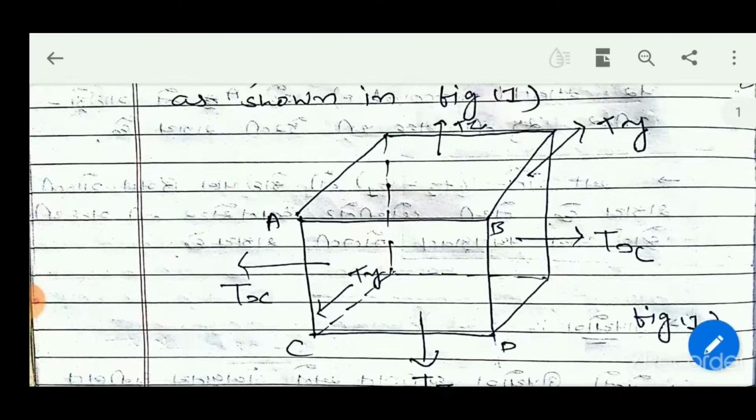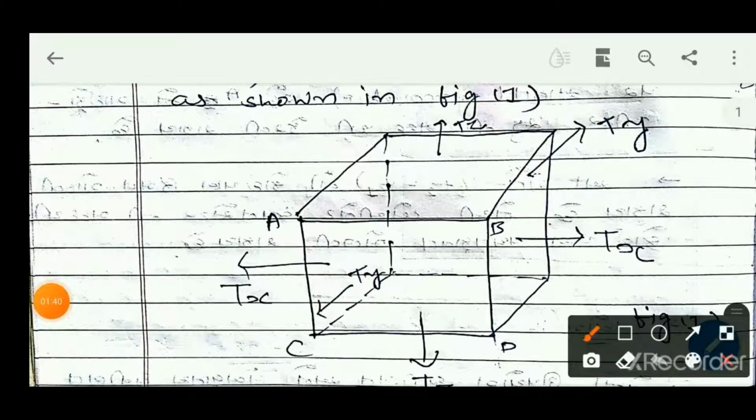Now let's get the idea why we take this cube. We have to derive the relation between all the elastic constants. While applying tension or force in this AB direction, we get elongation and compression, so we have Young modulus and Poisson's ratio.